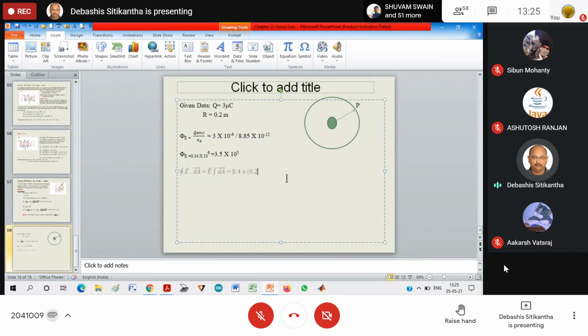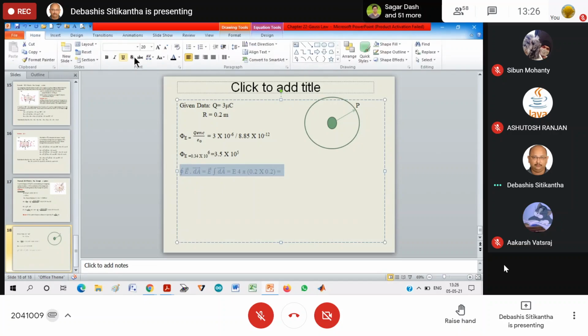So 0.2 square is 0.04. Please calculate it and tell me. It should be E and some terms will come. Just calculate 4 pi into 0.04.